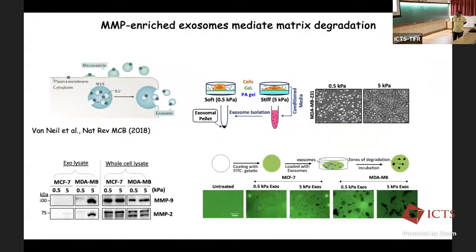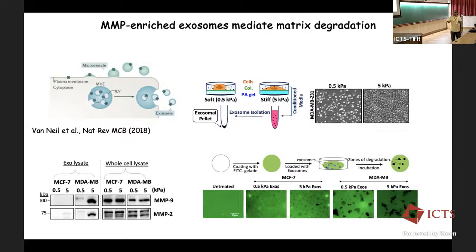Now comes the question: in what form is MMP secreted? From the previous talk, I tried to say that there must be a mechanism by which the local density of MMPs is enriched. We hypothesize that one of the ways in which MMP9 might be secreted is in the form of exosomes.